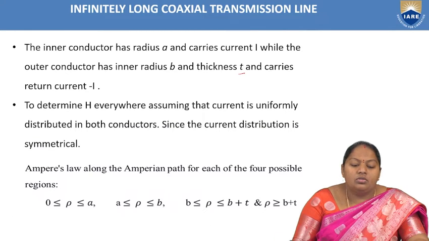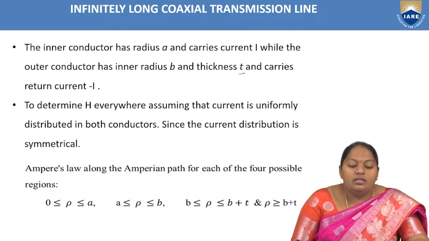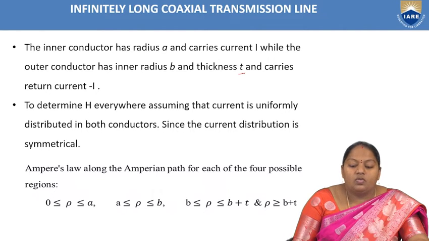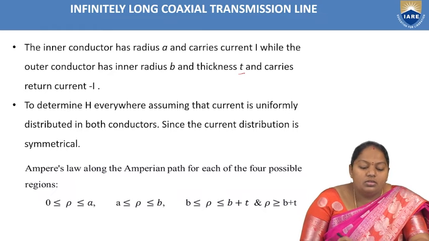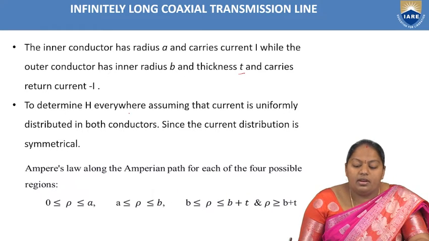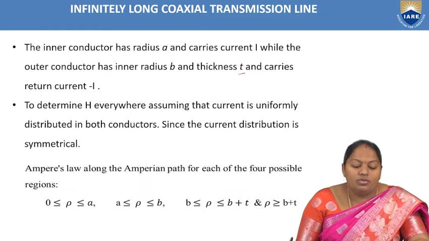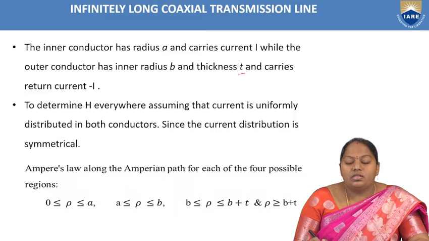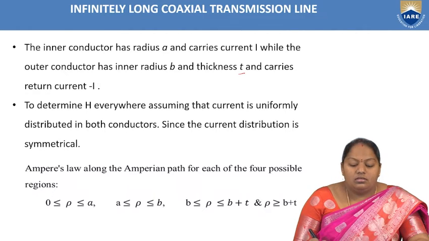Depending upon the inner circle radius A, the outer circle radius B, and the thickness T, we are going to calculate H for the four Amperian paths around that coaxial transmission line. To determine H everywhere, we assume that current is uniformly distributed in both conductors. Why? Because to apply Ampere's circuital law, there must be a symmetrical current distribution.